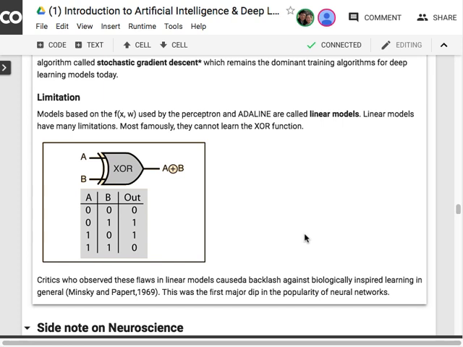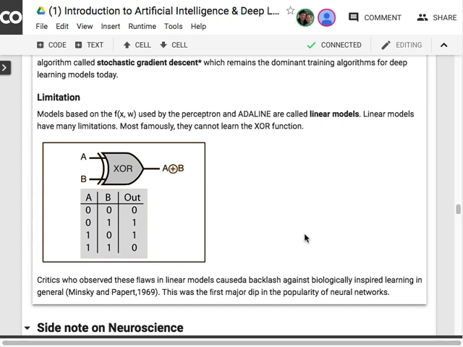And the neuroscientists at that time knew that this can happen in the brain. So this model is wrong. This is the main reason for the loss of popularity in the first wave of neural networks. They say that these are linear models and they have many limitations, the most famous being that they cannot learn the XOR function.